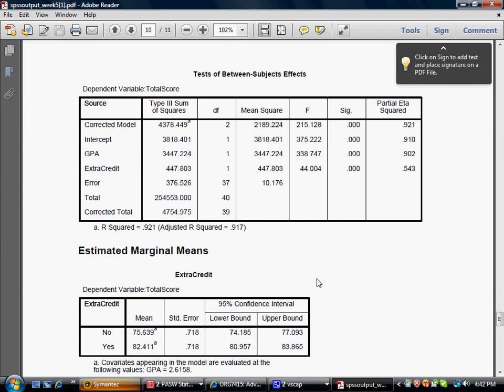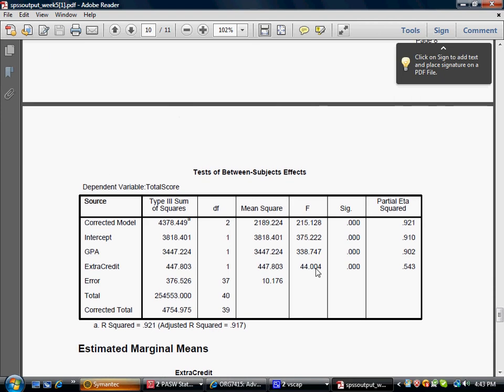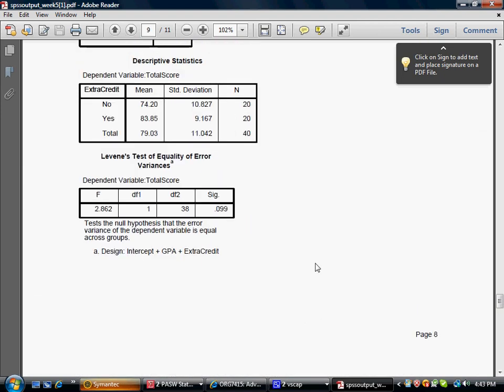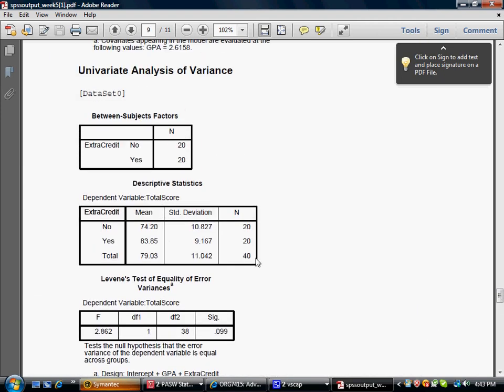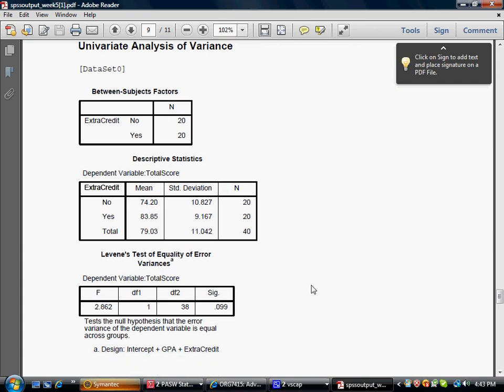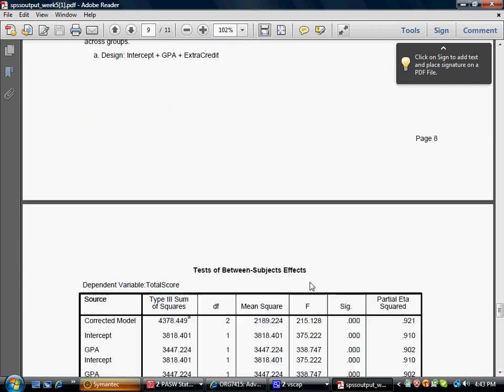So then we're going to look at those effects and see what those look like. What we're interested in here is whether, once you covary out someone's GPA, so their kind of propensity to do well anyway, did doing the extra credit help people? So we're really looking at that main effect of the extra credit. We see here, extra credit, no 74, yes 83.85 on our descriptive statistics.